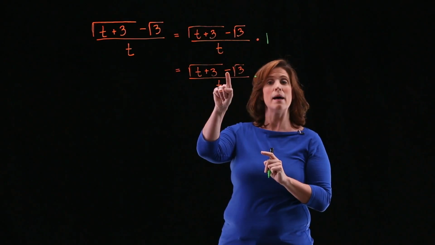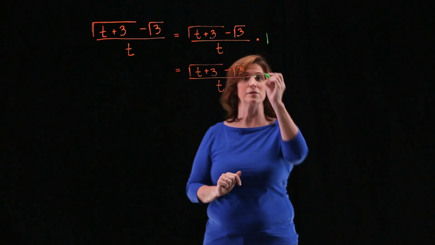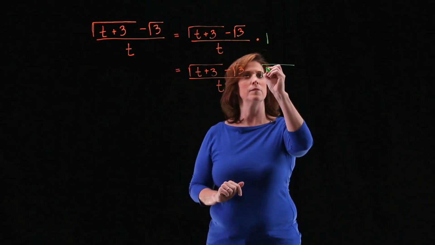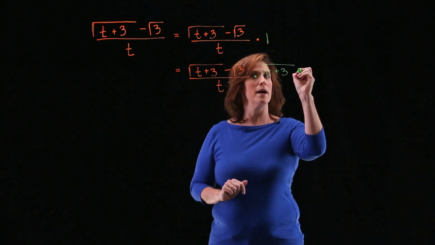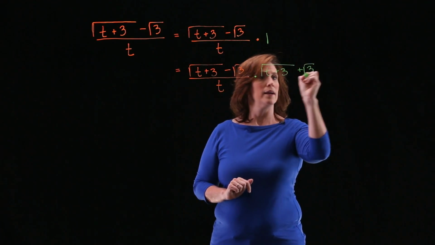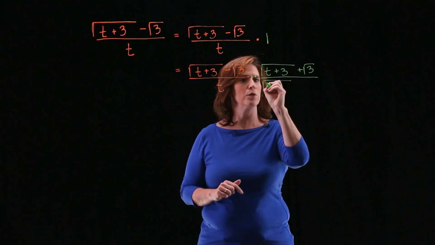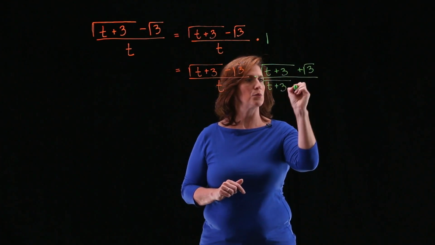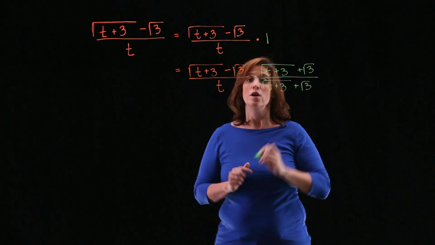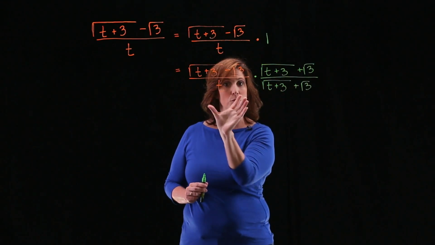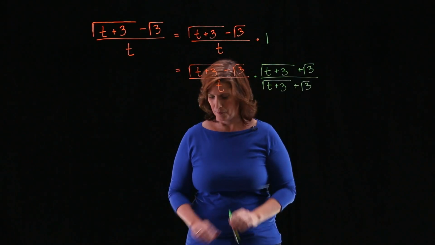Instead of a minus, I'm going to write a plus in between my two terms. So this will be the square root of t plus 3 plus root 3. And then if I divide by exactly the same thing, the square root of t plus 3 plus root 3, notice that I've just multiplied my original expression by 1.